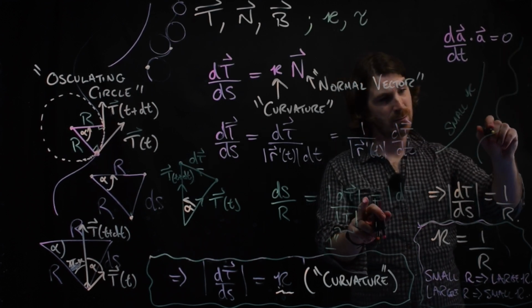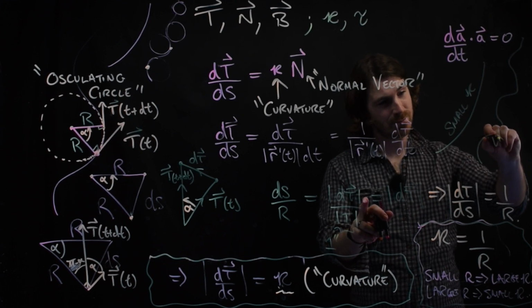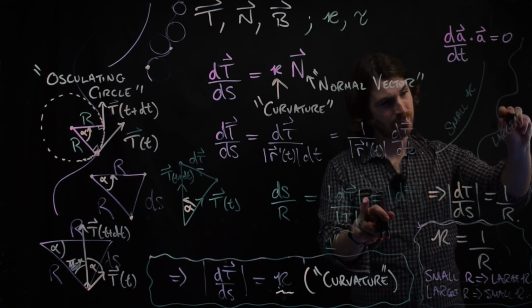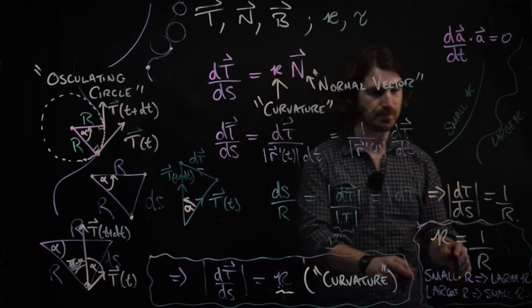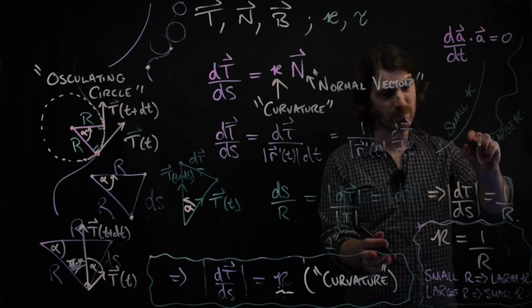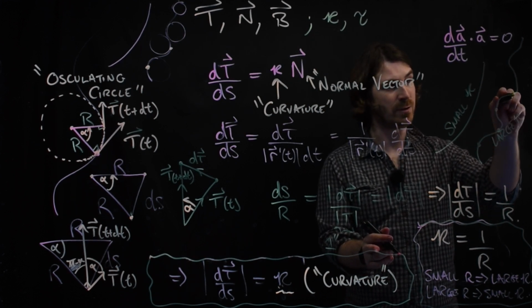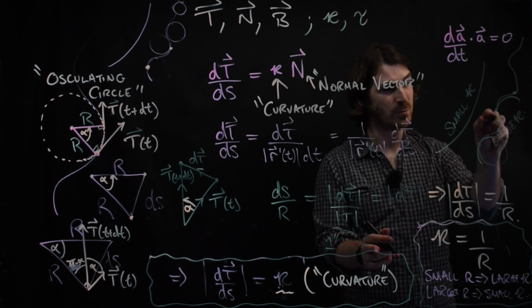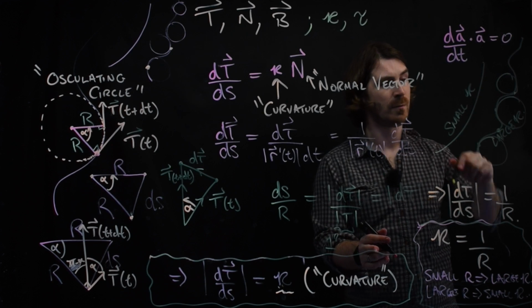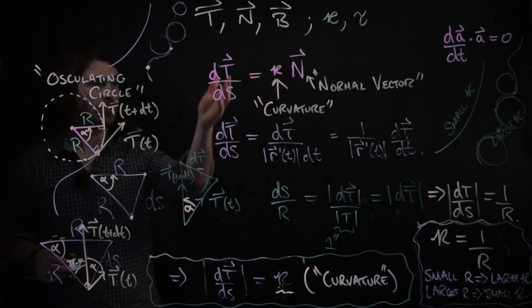Kappa will be larger along this curve. And it's a local quantity in that there's a kappa here, a different kappa here, a different kappa here, a different kappa here, because the circles are of different sizes at each point. But that's curvature and the normal vector.